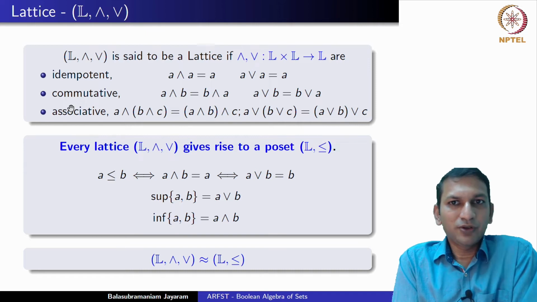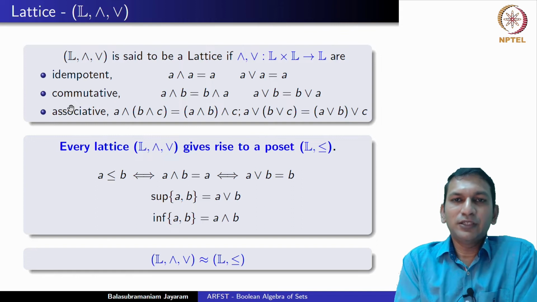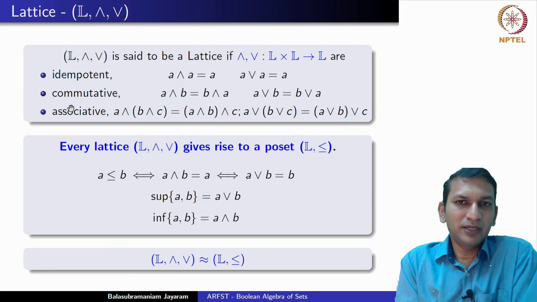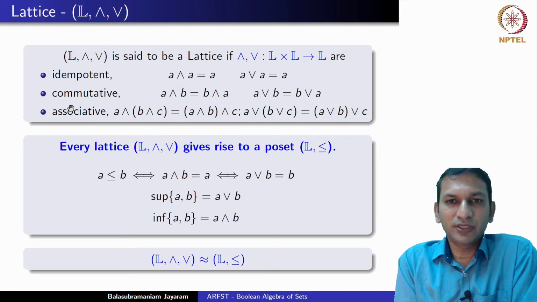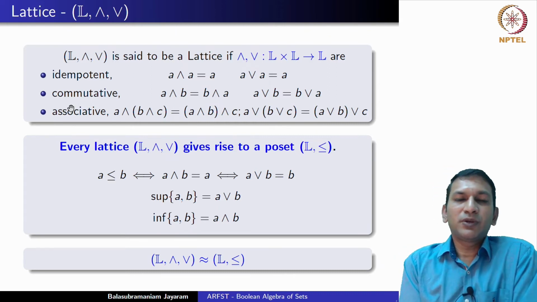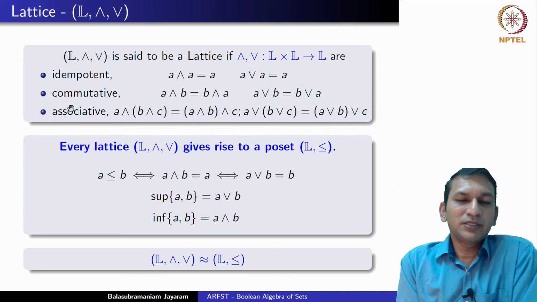So in that sense, a lattice can be looked at from an algebraic point of view or an order theoretic point of view. Either we can take the set L and define two such binary operations with the properties that we have on them: idempotence, commutativity and associativity. Or we can look at a lattice as a coset with special properties on any pair of elements.